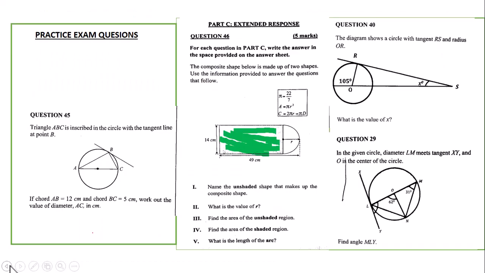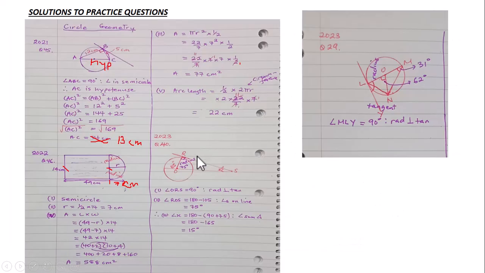Let's go to the next question. The diagram shows a circle with tangent RS and radius OR. What is the value of angle X? Alright, so remember that a radius creates a 90-degree angle with a tangent.